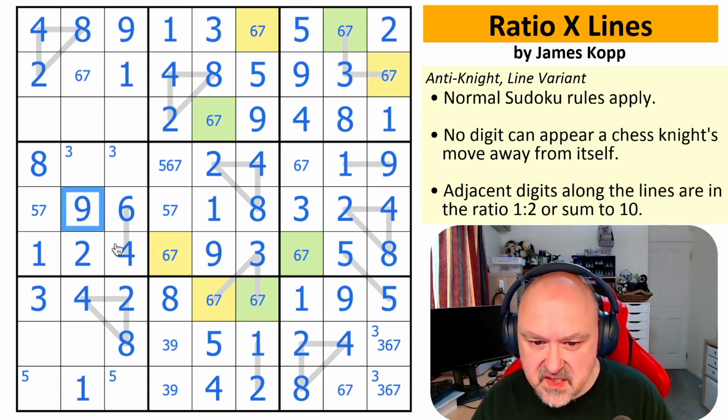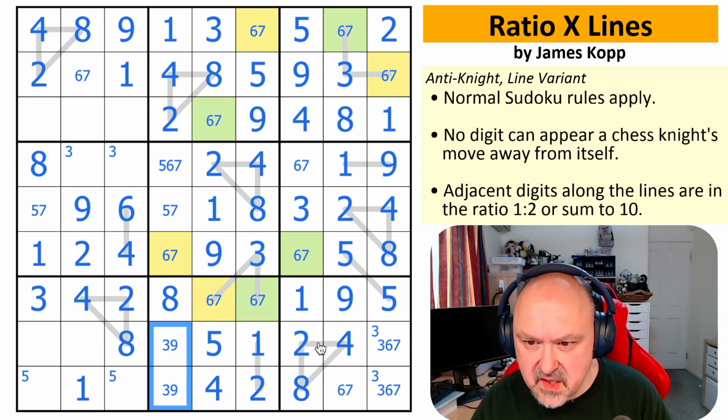That's what I was missing. Now, need a little bit more. 9, 9. I've already got 9 down here. This is yellow. This is yellow.